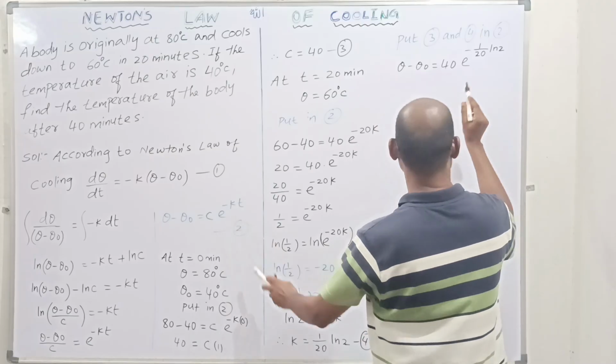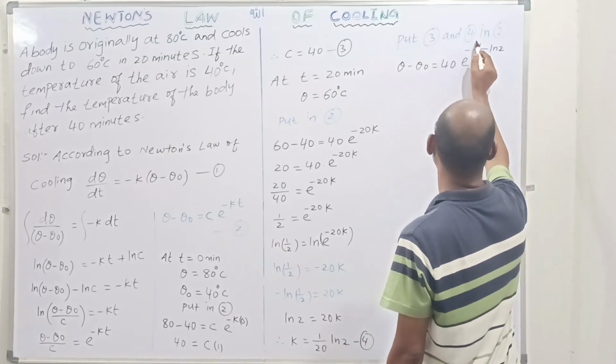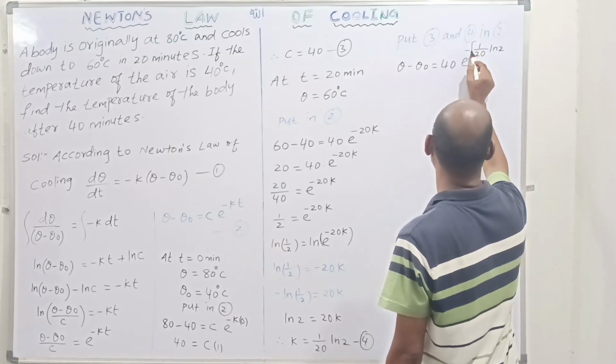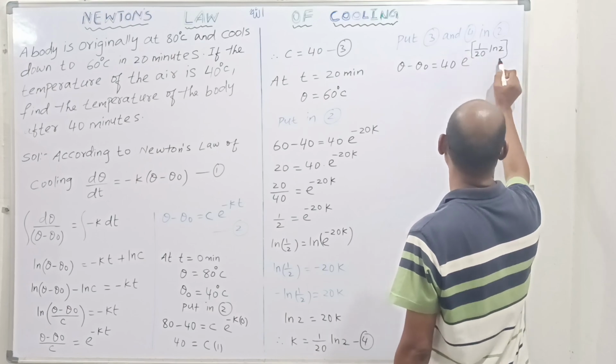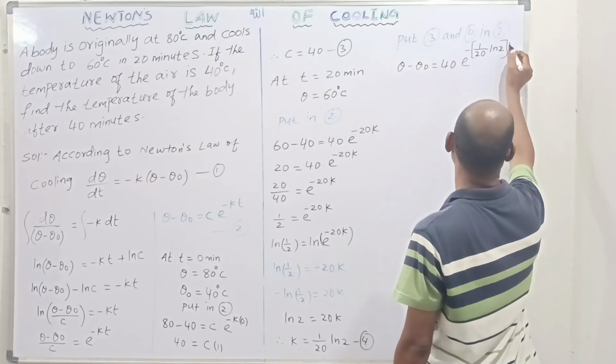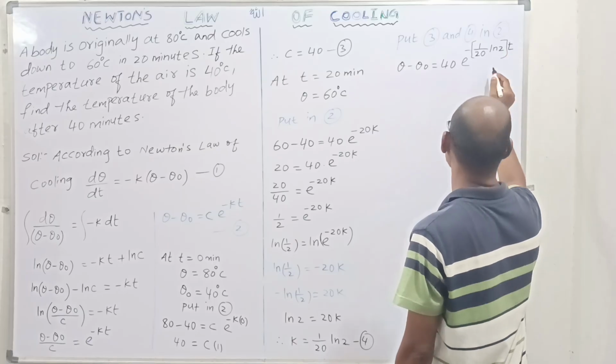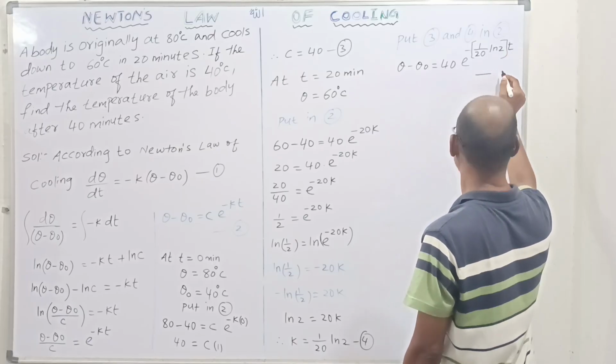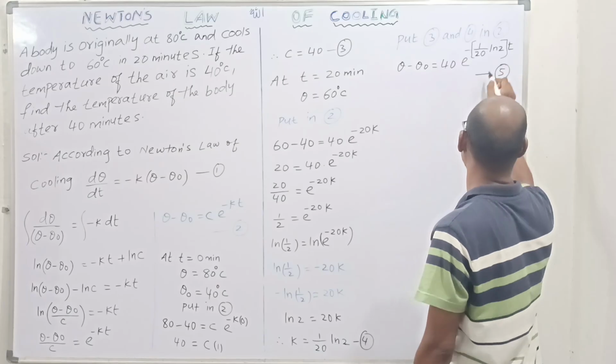So e power minus 1 by 20 ln 2 into t. So this is equation number 5.